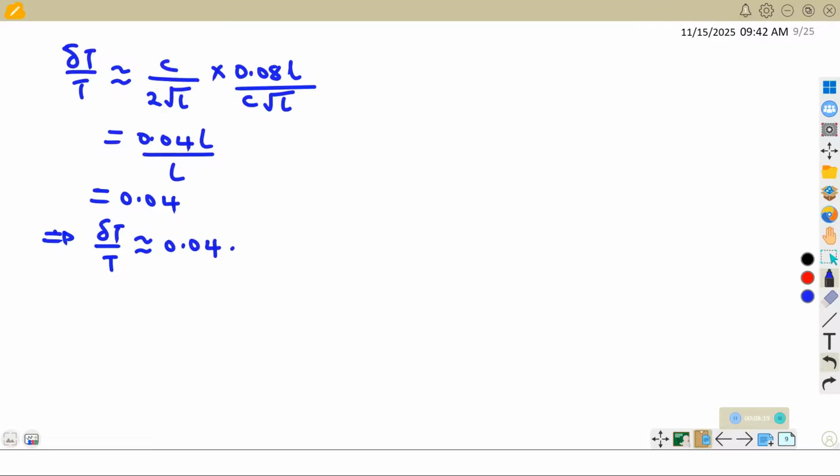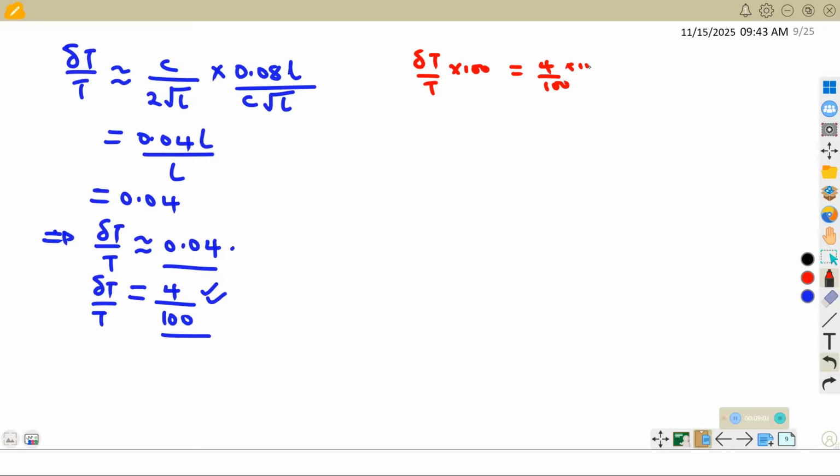So from this, it means the percentage increase in t is actually 4%, because this can be written as 4 divided by 100 as we have delta t over t. If you multiply by 100 on both sides, delta t over t times 100 is equal to 4 over 100 times 100, which is actually equal to 4.